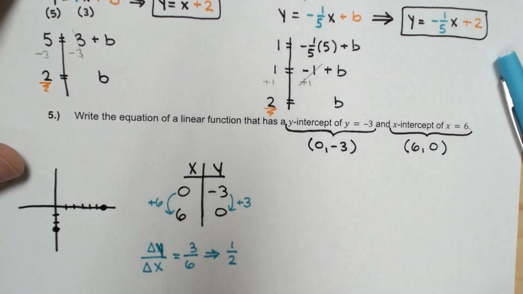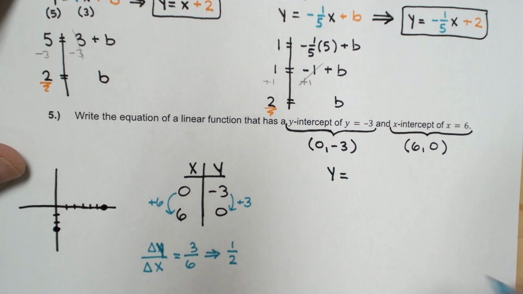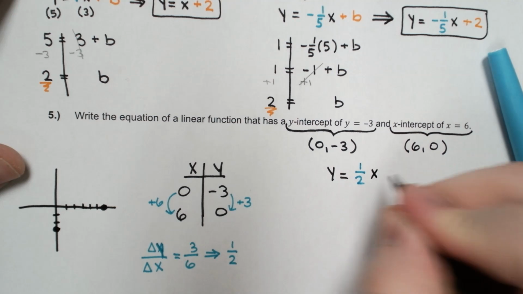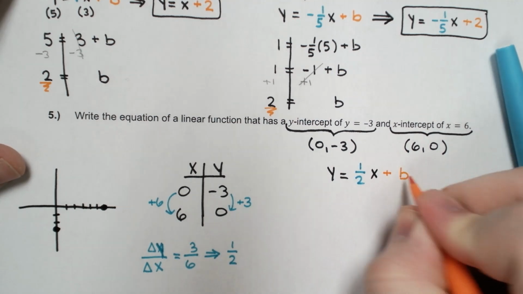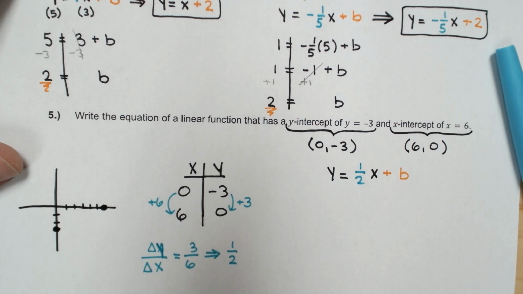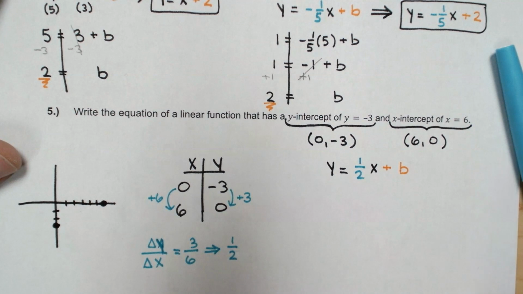Now that I've got that, I know my equation should look like y equals 1/2 x plus something. I just don't know what the y-intercept is yet. And so as I was grading these, a majority of people did this step next.